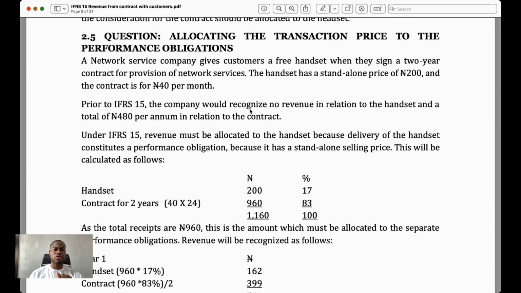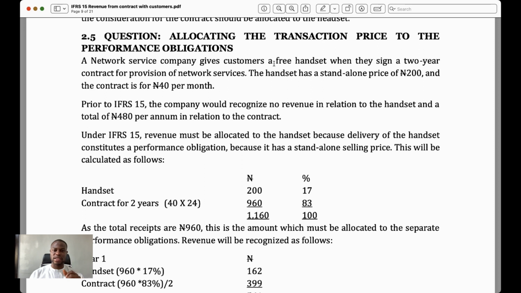Now, let's look at this question. It says that a network service company gives a customer a free handset when they sign a 2-year contract for the provision of network services. The handset has a standalone price of 200 naira and the contract is for 40 naira per month. So this is a bundle of goods.